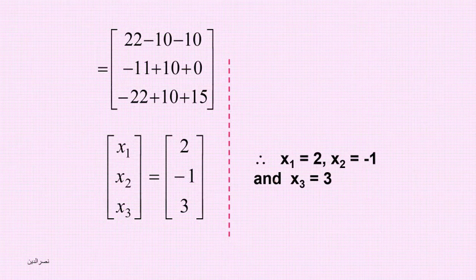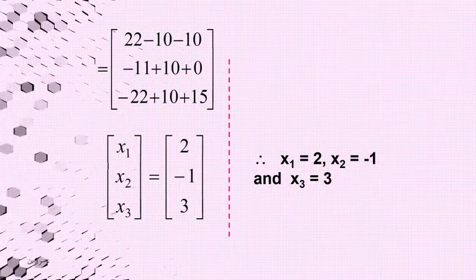Then don't forget to make the conclusion, because the answer needs to be put in the form of a conclusion: x1 equals 2, x2 equals -1, and x3 equals 3.